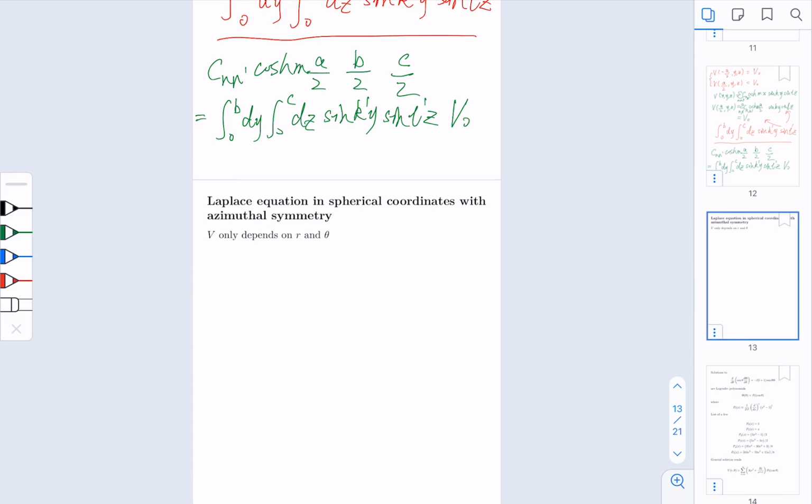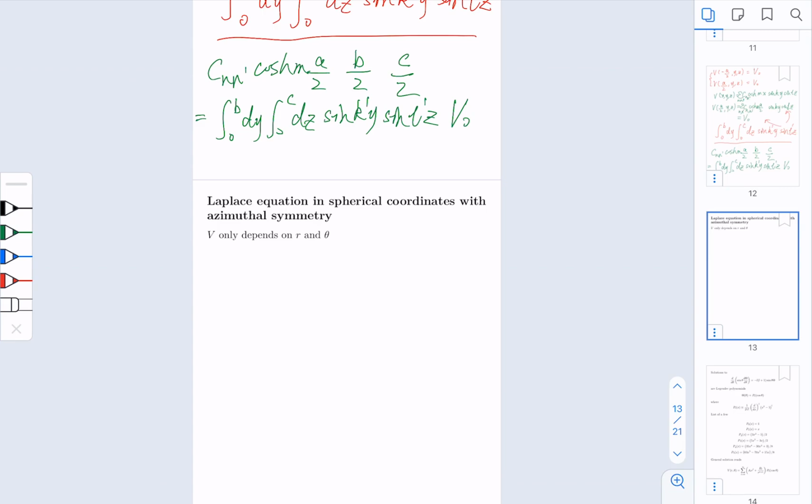Okay, so next let's try to solve the Laplace equation in spherical coordinates. However, we want to simplify our problem a little bit. So even though it's a spherical coordinate, we still want the system to have an azimuthal symmetry.